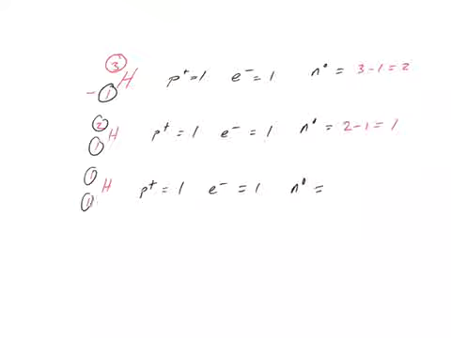And 1 minus 1 equals no neutrons. So the lightest element known in the universe is a hydrogen atom with no neutrons. It's just a proton and an electron.